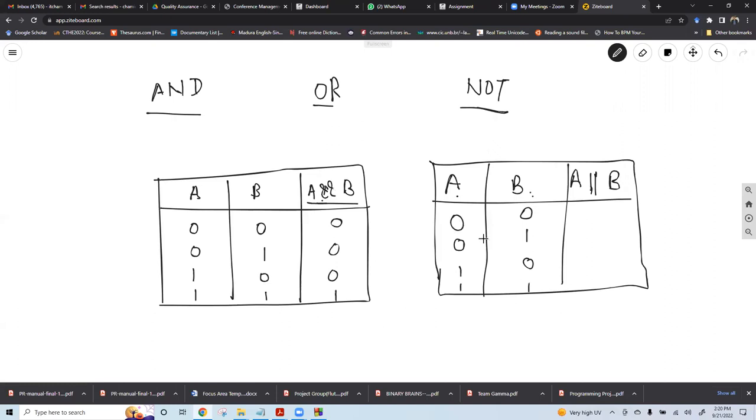So the idea is, if I say it in a sentence, if A or B is true, then the result is true. If A or B is true.